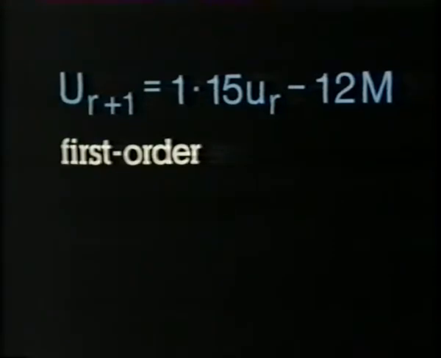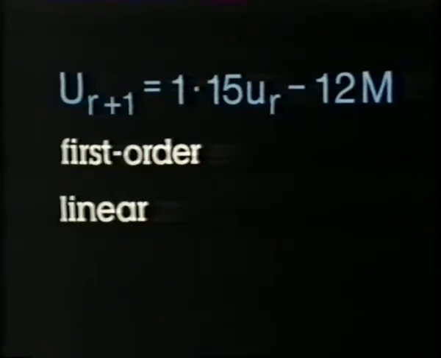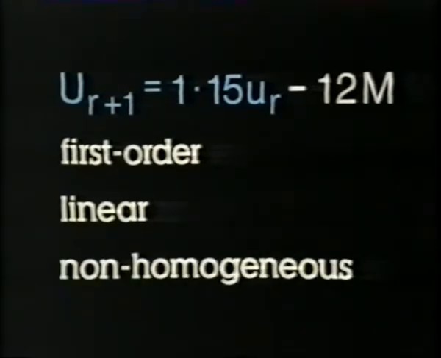And it's a constant times Un, so it's linear. And this minus 12M here means that it's non-homogeneous. And using the techniques in the text, we can solve it.